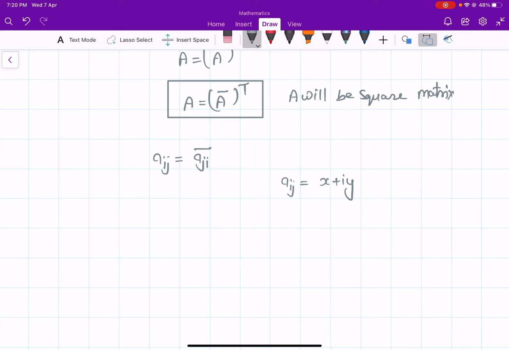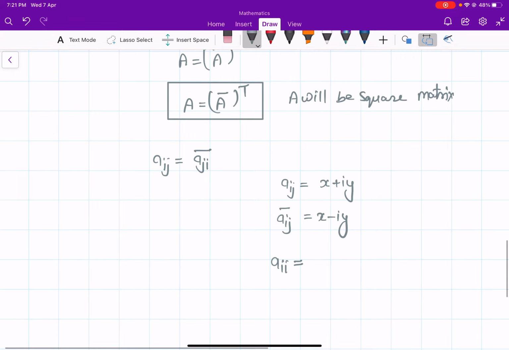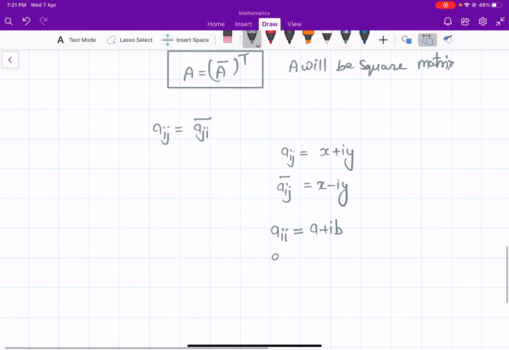Its complex conjugate will be x minus iy. Now if we consider Aii, that is a diagonal element, which will be a plus ib, its complex conjugate will be a minus ib.